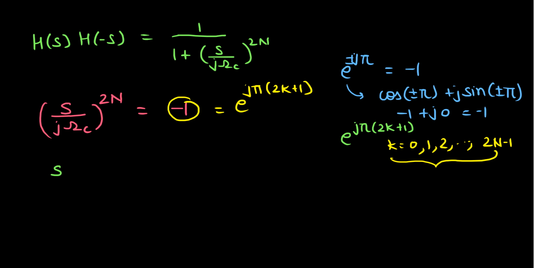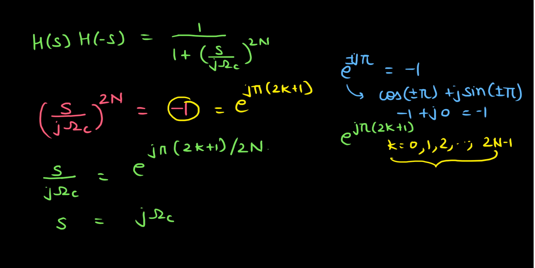Therefore the value of s upon j omega_c is equal to e to the power j pi (2k plus 1) divided by 2n. Therefore s is equal to j omega_c into e to the power j pi (2k plus 1) divided by 2n.